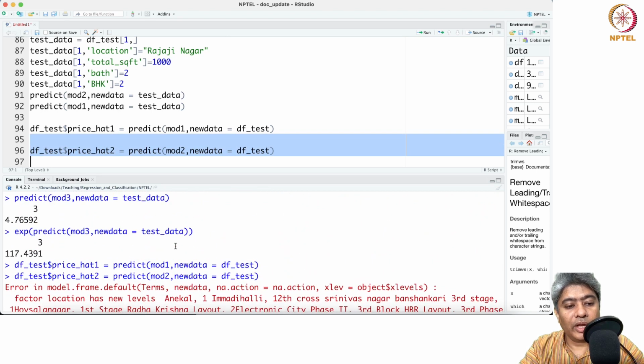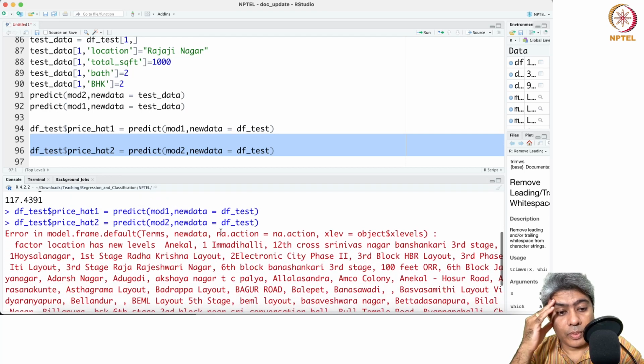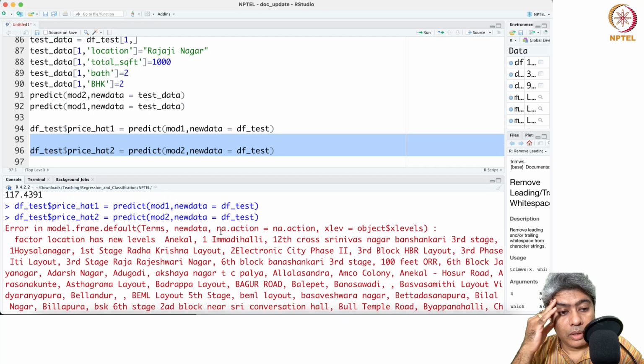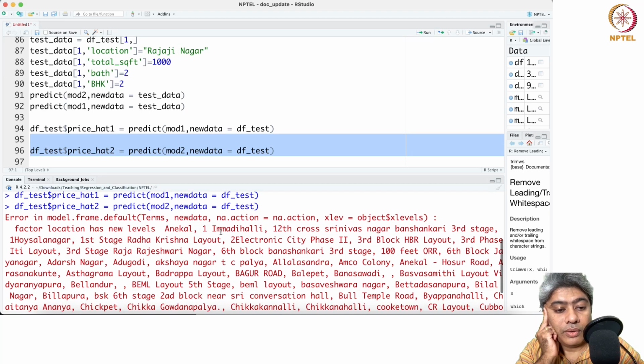Okay, there is some error it's throwing, because in the second test model it's saying the location has new level.